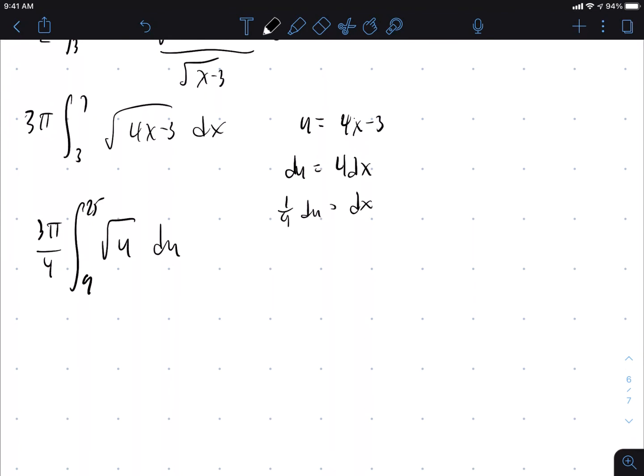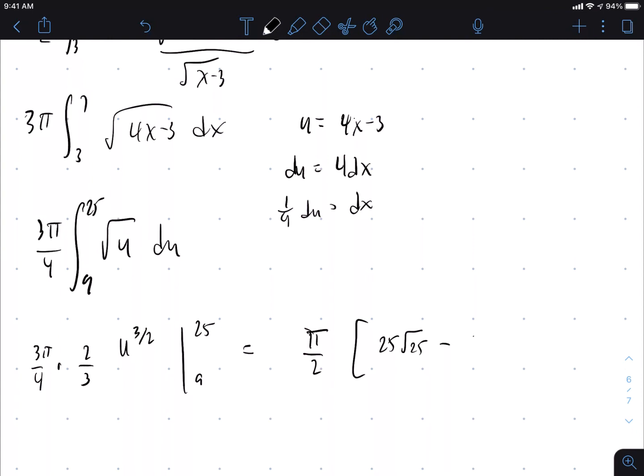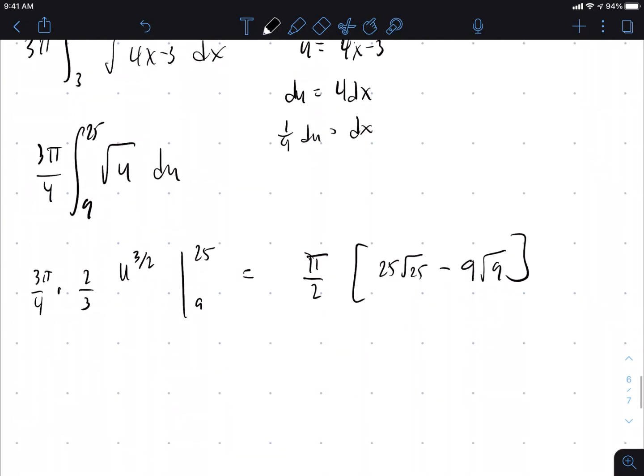And so that's going to be u to the 3 halves, so multiplied by 2/3. That's 3/4 pi, divided from 9 to 25, is going to give me pi over 2 times 25 root 25 minus 9 root 9. 125 minus 27, if I did that right.